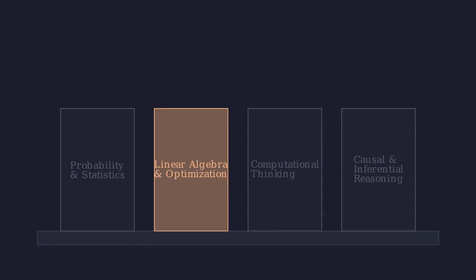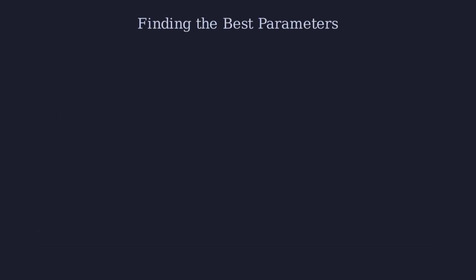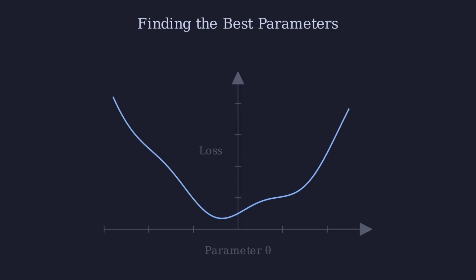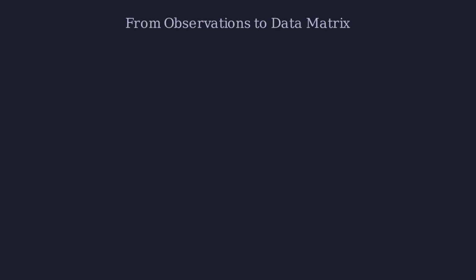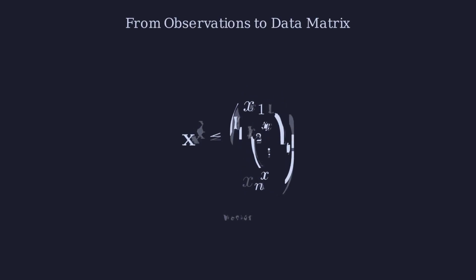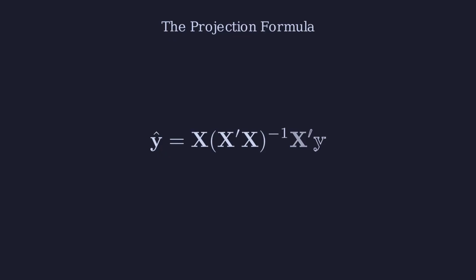The second pillar is linear algebra and optimization. This is the engine that powers machine learning. When you train a model, you are solving a math problem. You are searching for the best set of parameters, the ones that minimize some measure of error. Linear algebra gives you the language to express these problems efficiently. Vectors, matrices, transformations. These are not abstract concepts.